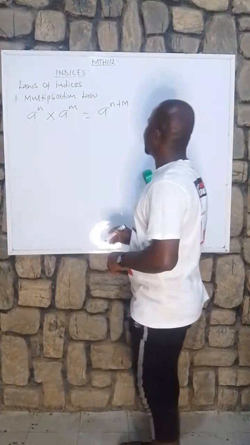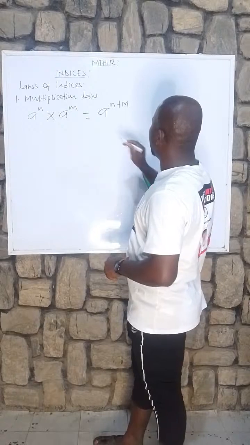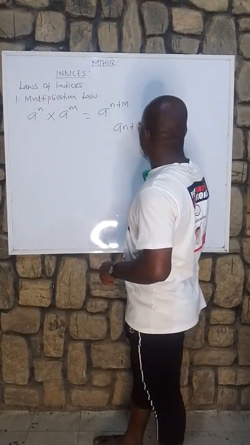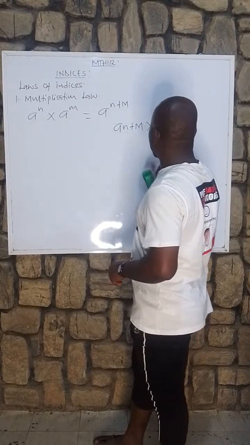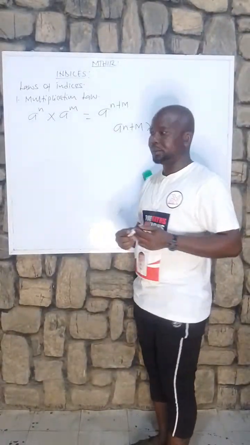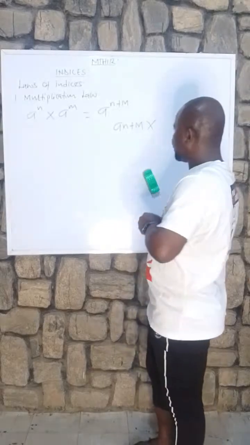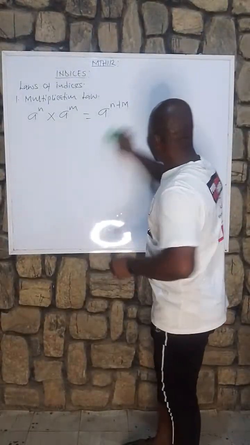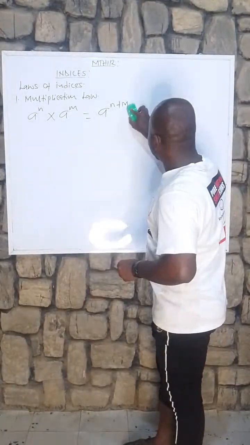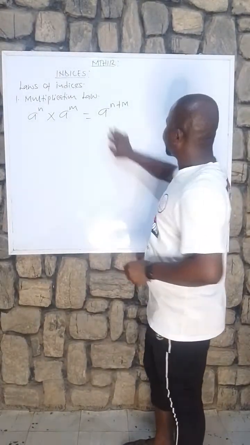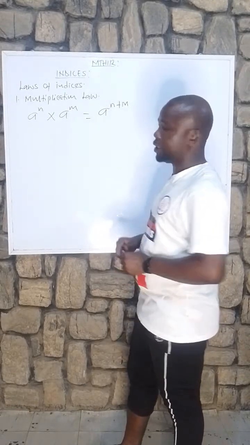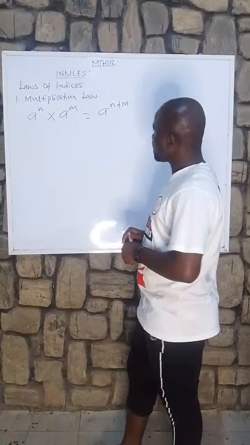This is your answer. Is that clear? Mind you, don't write it in this form, an plus n. This is wrong. Please take note. So this is how it will look like.